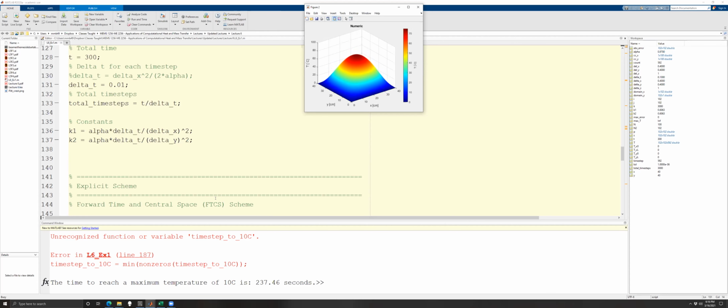The information is going to be propagating from your boundaries to the center of your domain too quickly, and you're going to be over predicting the cooling performance, really. So the time it's going to take to reach that 10 degrees centigrade max within the system is going to be a lot less than what's actually happening. And that's just because that information from your boundaries moves way too quickly.